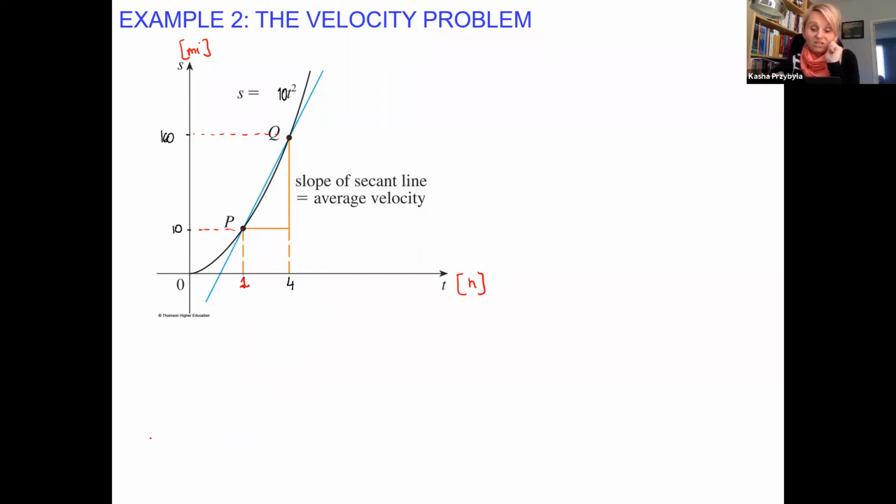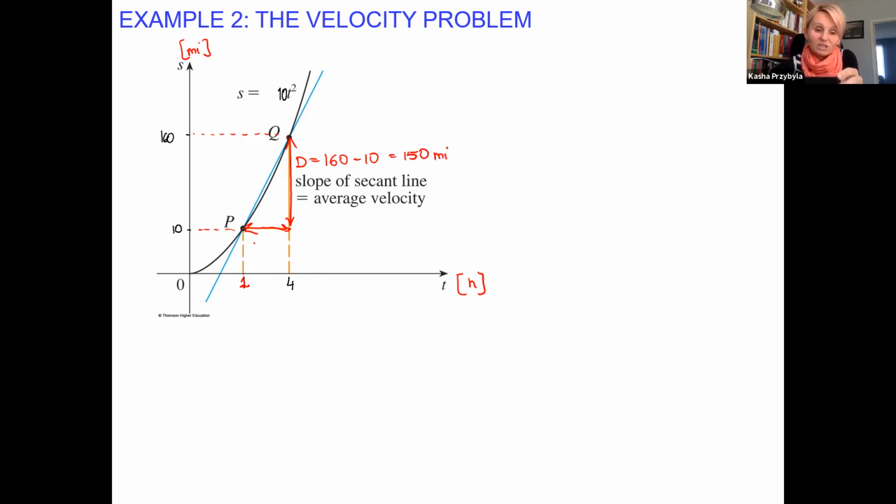What will be the average speed, average velocity, between 1 and 4 hours of my trip? I just need this distance, which is 160 minus 10, because between 10 miles and 160 miles, I drove 150 miles.